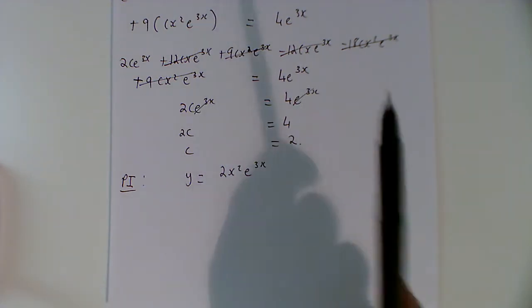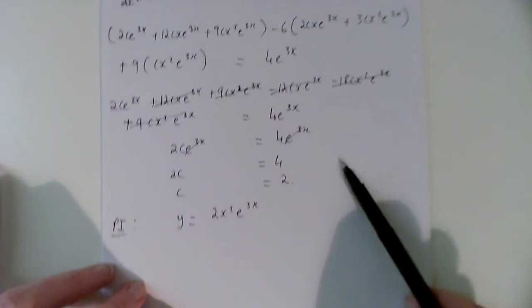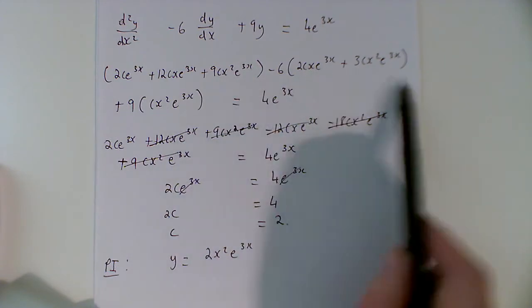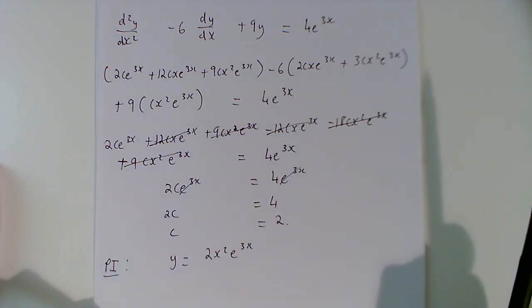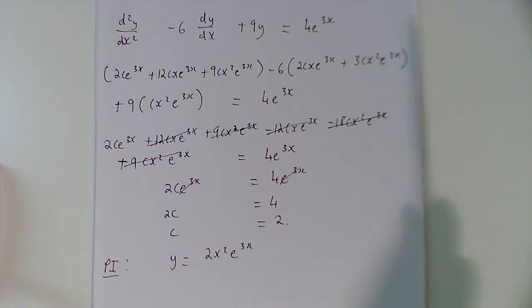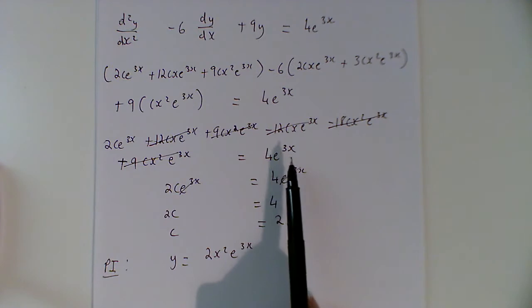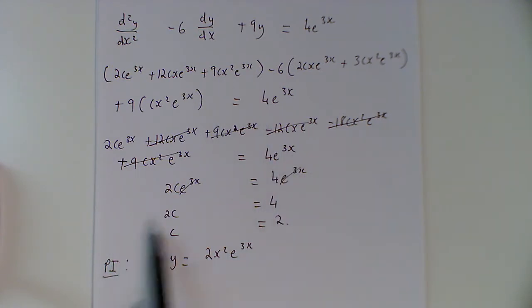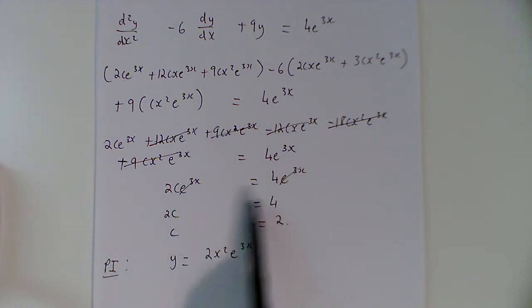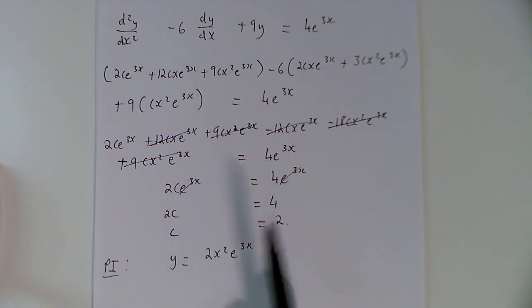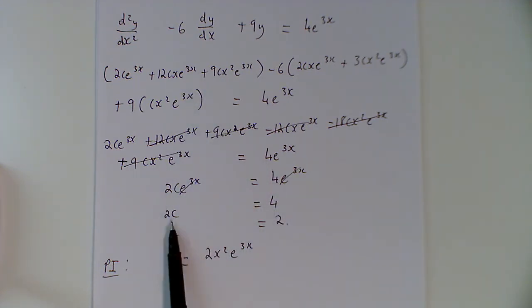Then we wrote down our original differential equation, and we substituted in our values. Now you'll always find that your cx's and your cx squared should always cancel out, so you're just left with c and the number on the other side. You know, this e to the power of 3x on both sides, you can think of that as a divide, or they just cancel, whatever suits you. And then 2c is equal to 4, so c is equal to 2.